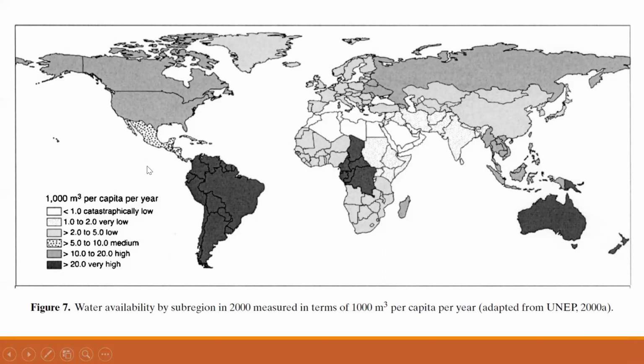And so again, here's just availability by subregion. So giving us a little bit more of an idea of what kind of thing we're looking at. And then you can see through this color coding here, areas of the globe, such as Northern Africa, where we have catastrophically low amounts of water, right?